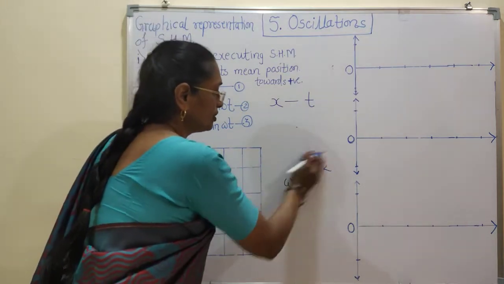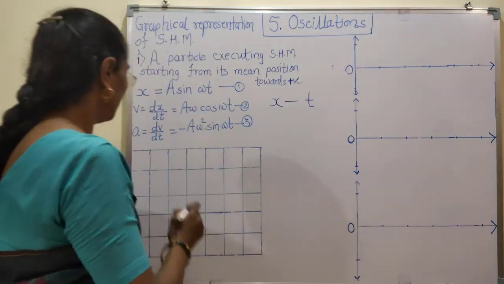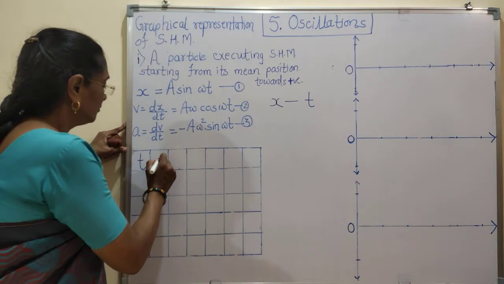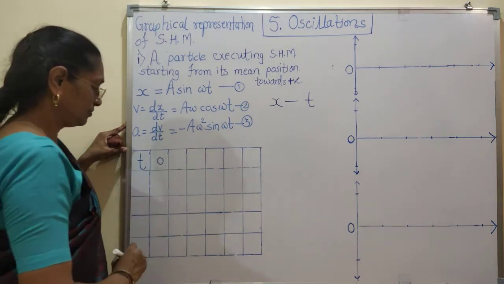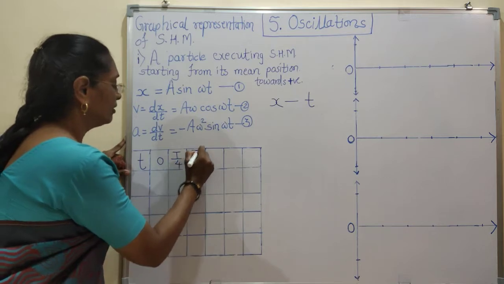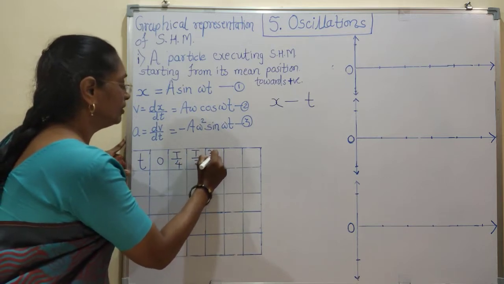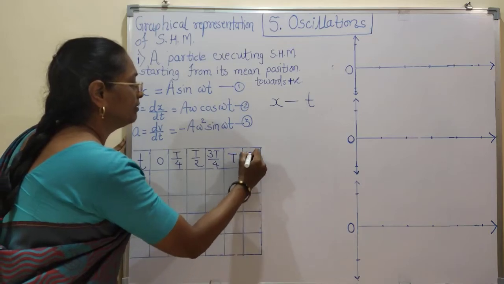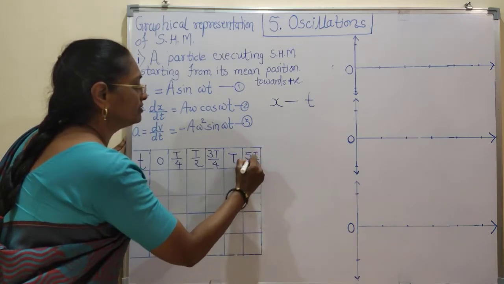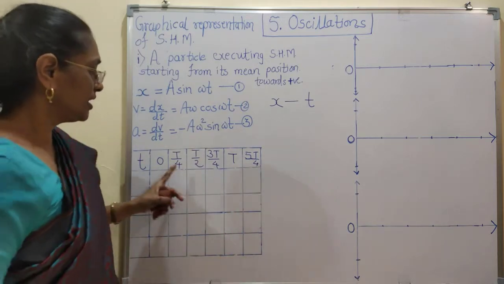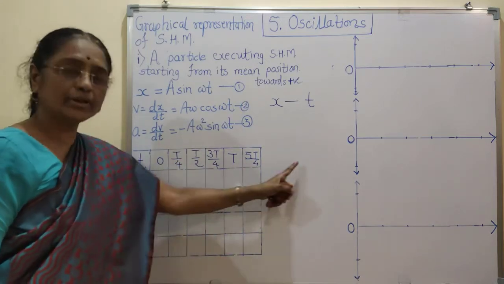How can we plot it like this? For that we take the values of t. First value is 0, next value is T by 4, then T by 2, 3T by 4, T, then 5T by 4, in a cyclic way, with the time intervals of T by 4 that we have taken here.